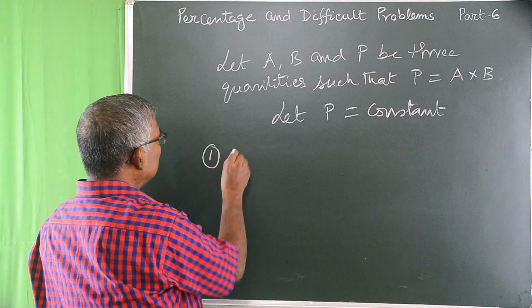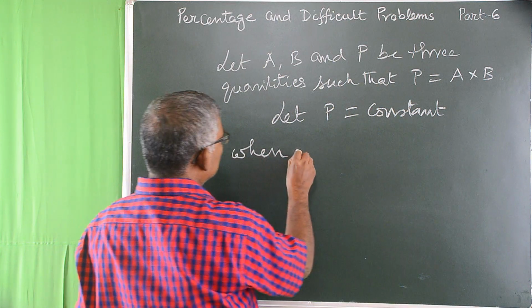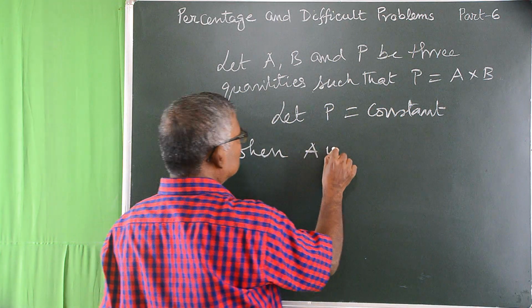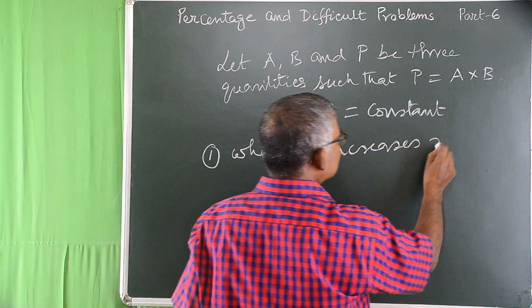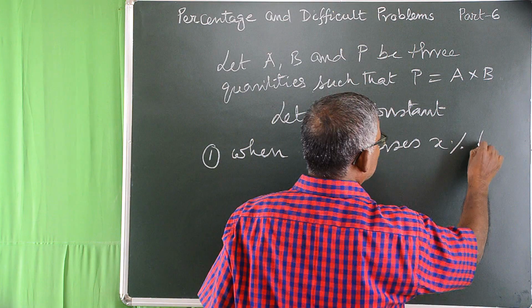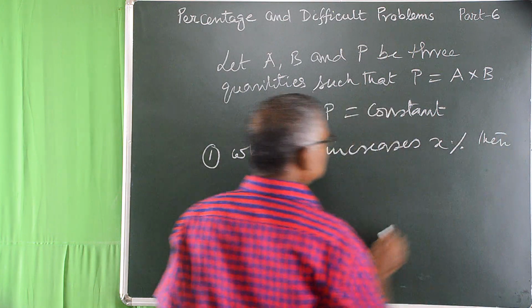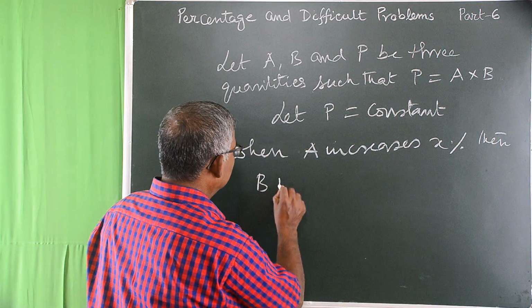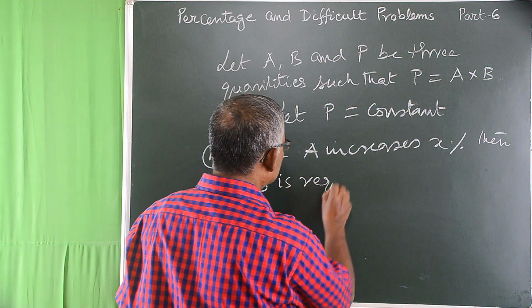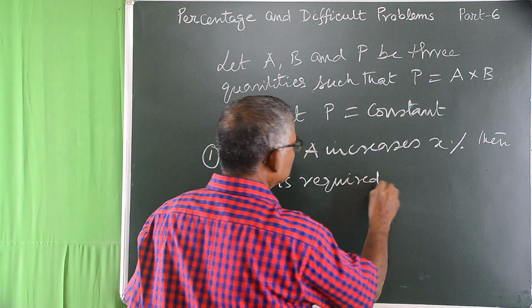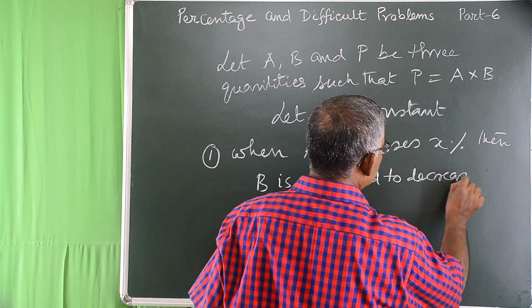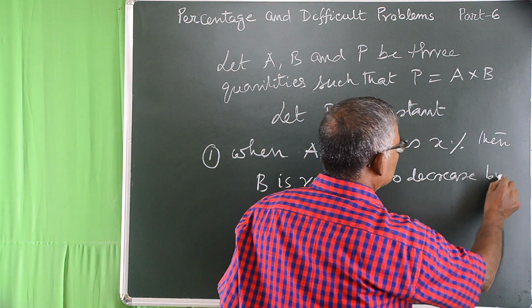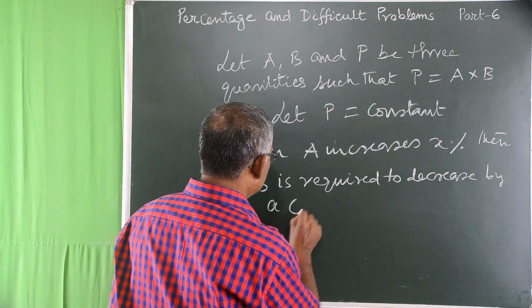So when A increases X%, then B is required to decrease by a certain percentage.